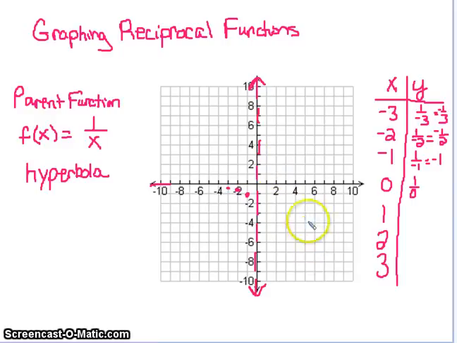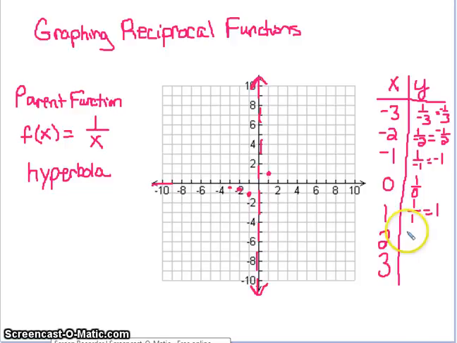Now, if we go to 1, let's see what happens when we plug in a 1. We get 1 over 1, which is 1. If we plug in a 2, then we're going to get 1 over 2, which is 1/2. And if we plug in 3, we're going to get 1 over 3.